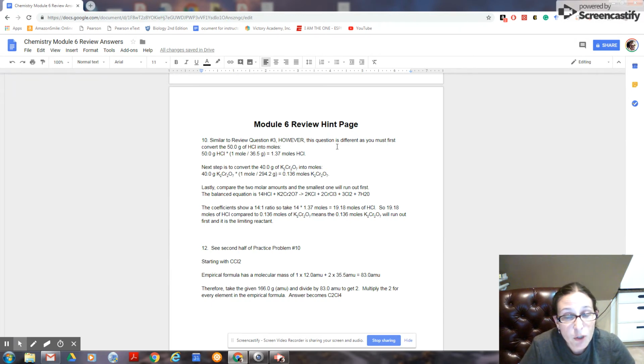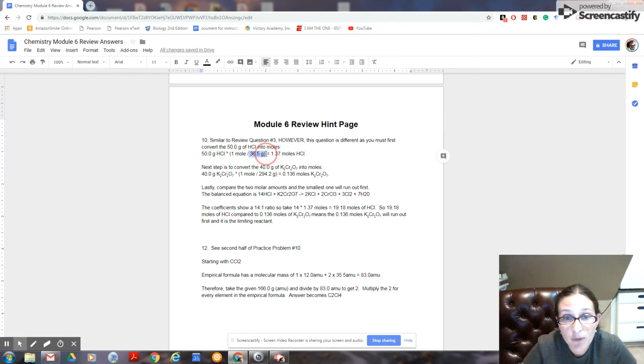But first you have to start off with converting the grams to moles. So review question 3 starts off with moles, and this one is starting off with grams. So using the same way we've been doing before, you take what's given to you, you look at the AMU on the chart, and you put what you want on the top, which is mole, and then the number of grams based off of how many AMUs there are in HCl.